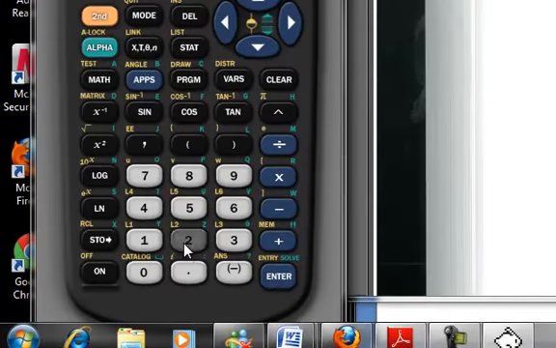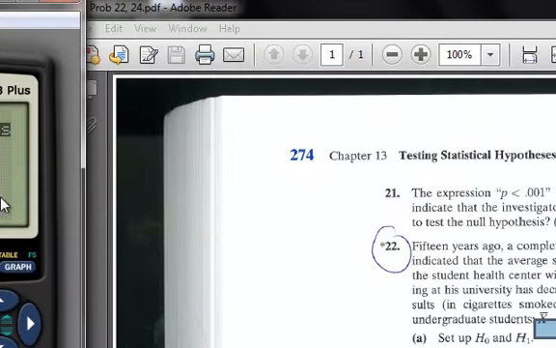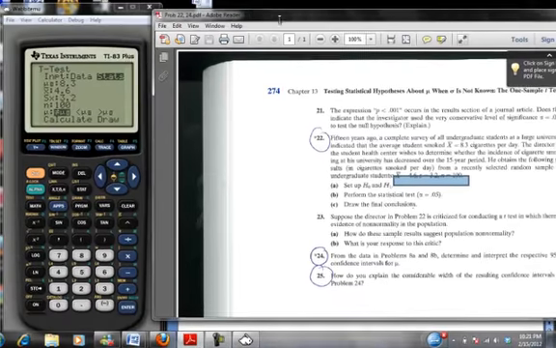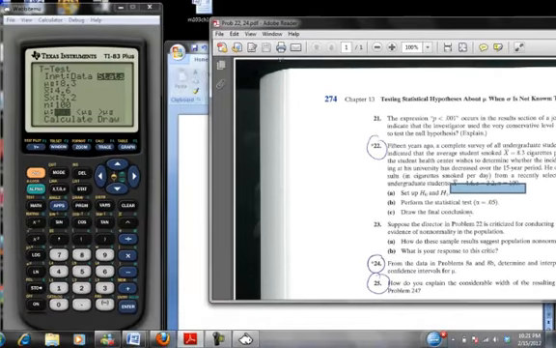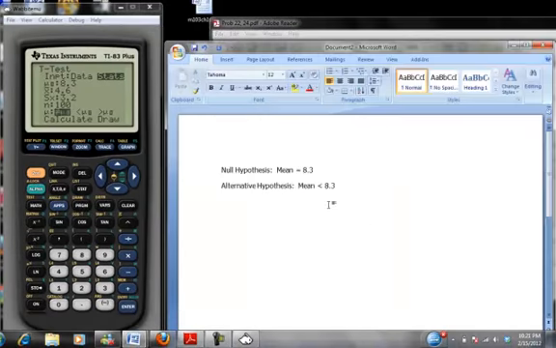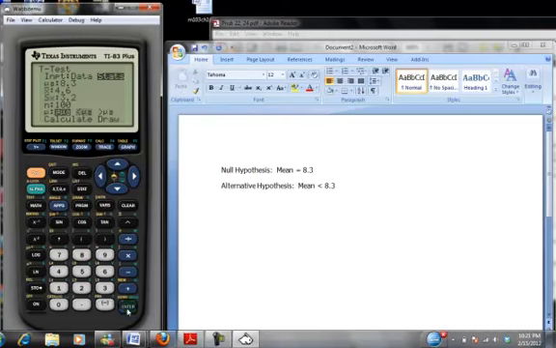So I'm going to put in 3.2. Now we have to write in the sample size. There we go. Now this next line is asking you, in your alternative hypothesis, which of these signs did you see? If I go back to where I wrote my alternative hypothesis, I wanted to test if the mean was less than 8.3. So I see a sign like this, and I'm going to make sure I highlight that one.